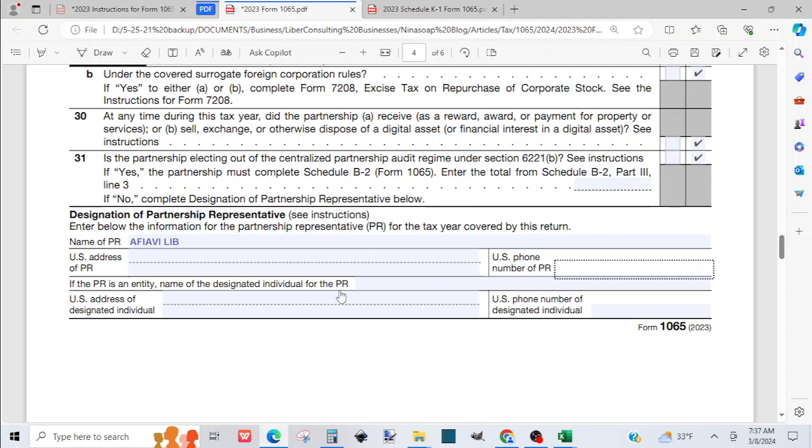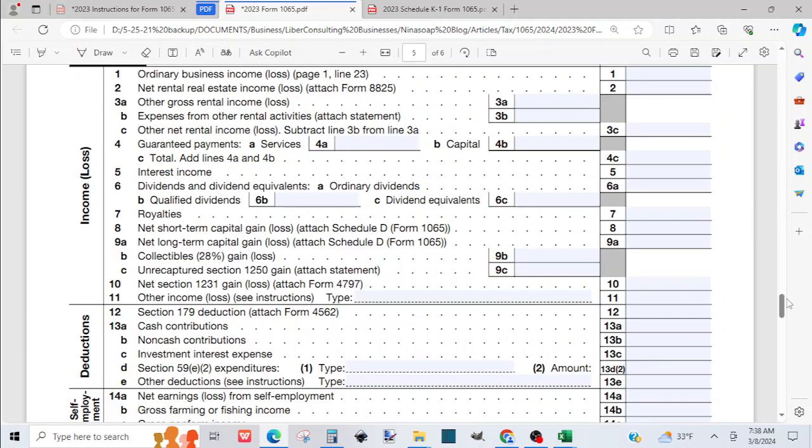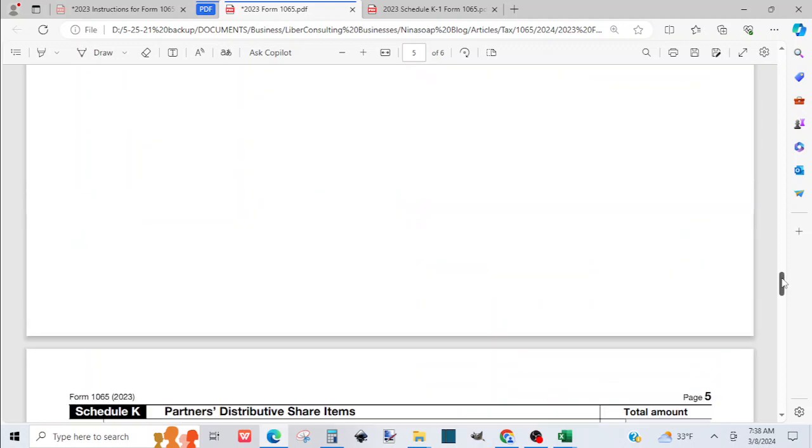But if your partnership representative is a business, then you'll complete the business portion instead. But if it's you, one of the partners or members, you complete the top part with your name instead, and the phone number section. And this will conclude Part 1 and Schedule B of Form 1065.